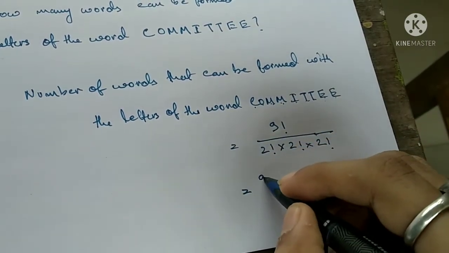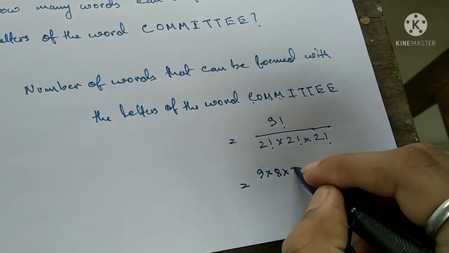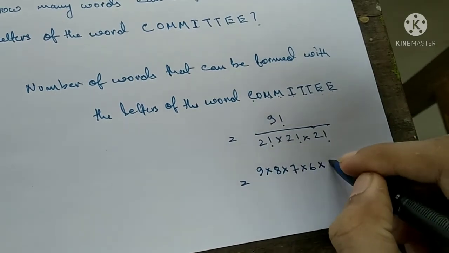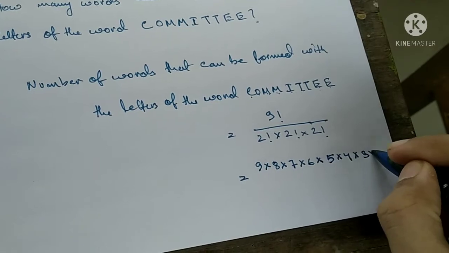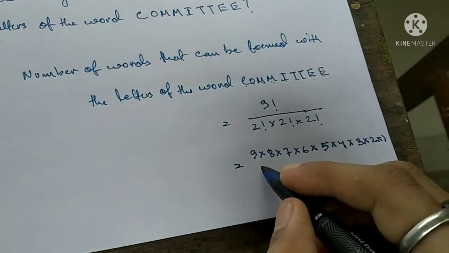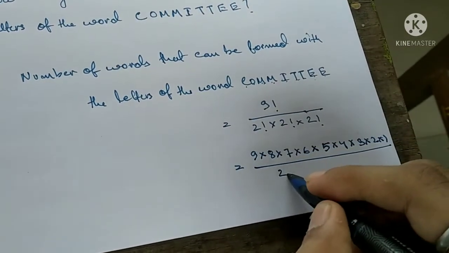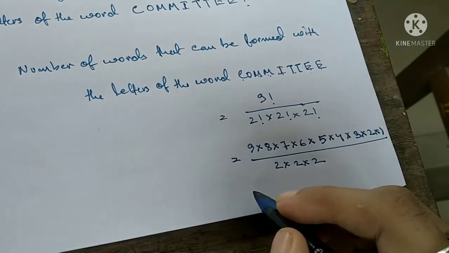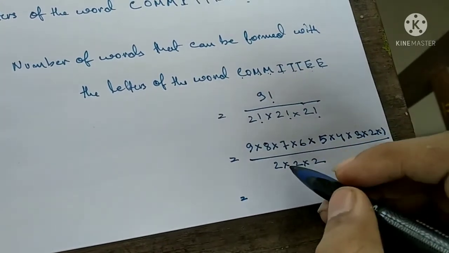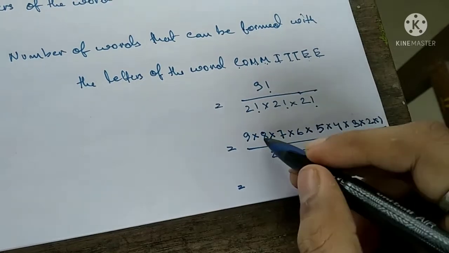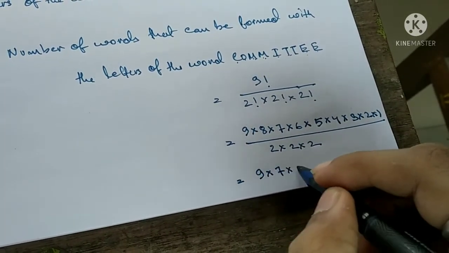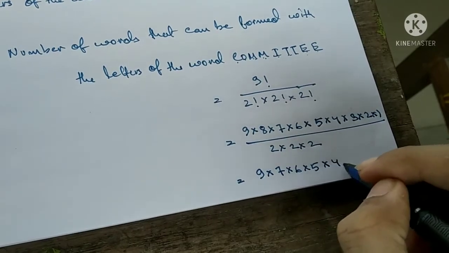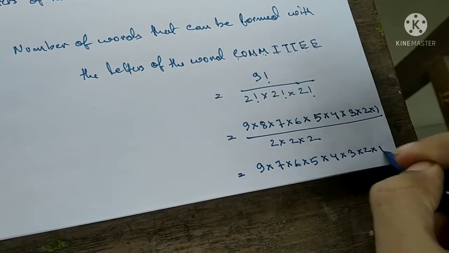Okay, so 9 factorial is 9 into 8 into 7 into 6 into 5 into 4 into 3 into 2 into 1, divided by 2 into 2 into 2 into 2. So ultimately, 8 and 8 I can cancel. Ultimately I will get 9 into 7 into 6 into 5 into 4 into 3 into 2 into 1.